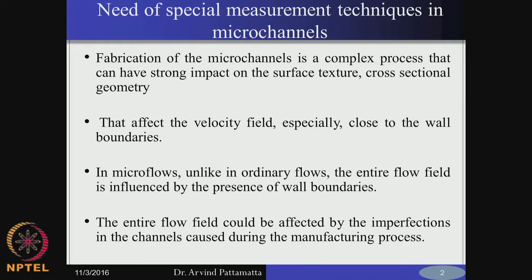The same thing has to be valid at micro nano scale without doubt, with the only exception that the experiments are far more difficult and you have to use more sophisticated techniques to probe the smaller scales. We will discuss a few aspects of measurement techniques.